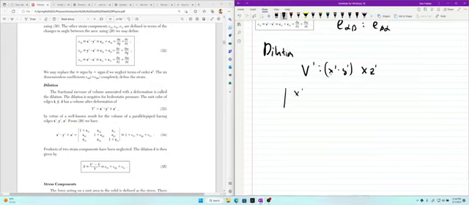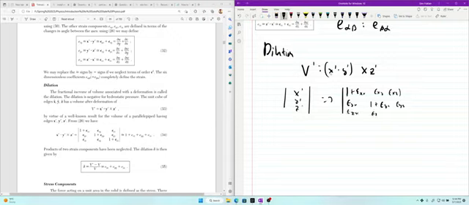So it's the determinant of x, y, z like that, which, if I write it out, is 1 plus epsilon xx, epsilon xy, epsilon xz, and then we have epsilon yx, 1 plus epsilon yy, epsilon yz, and then we have epsilon zx, epsilon zy, 1 plus epsilon zz, right?